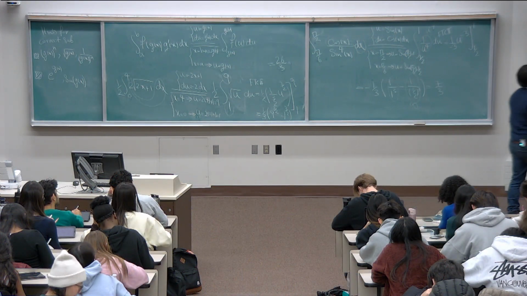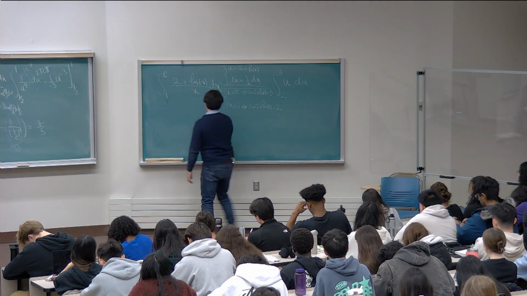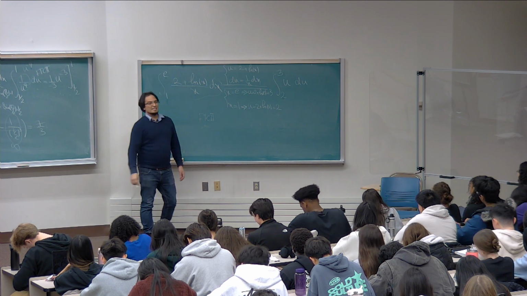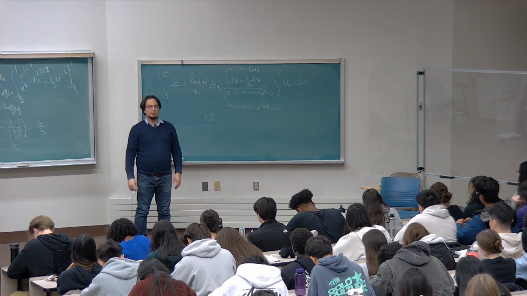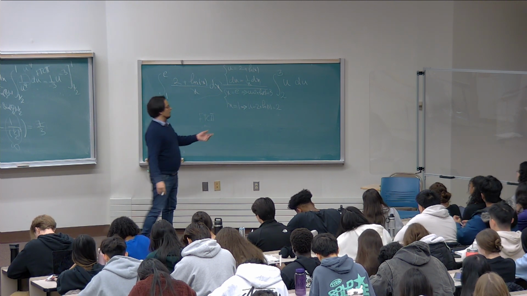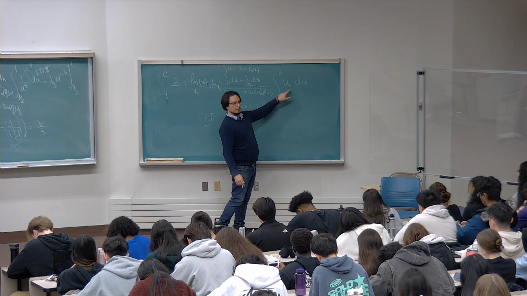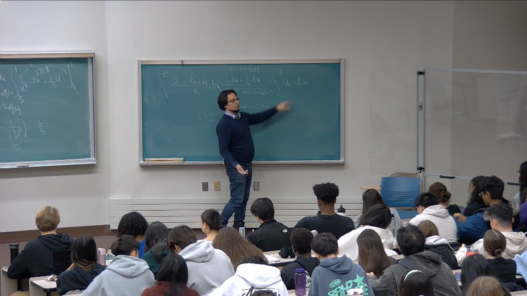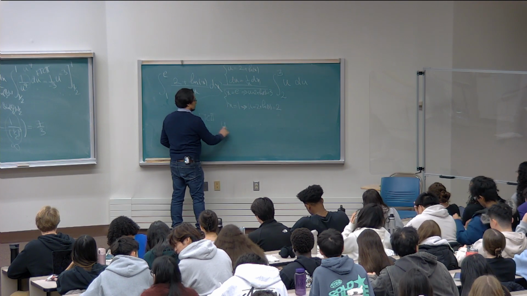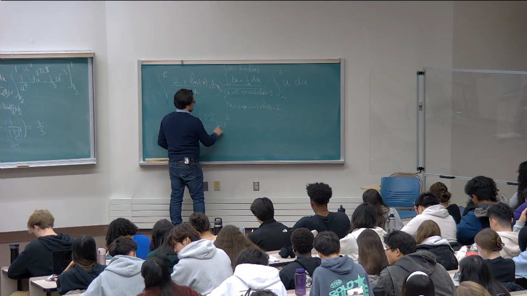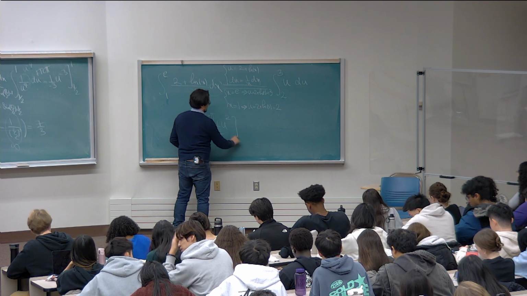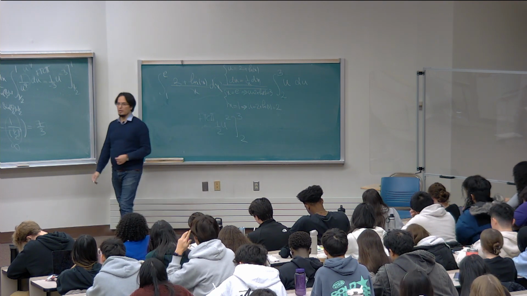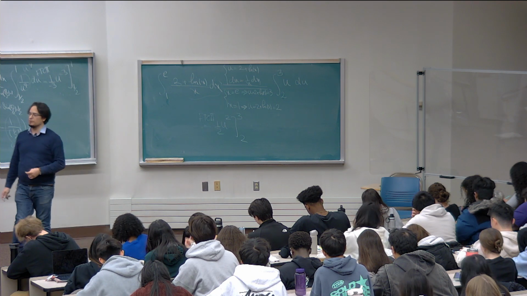Because FTC now says, if you know what is an antiderivative for u with respect to u, then you're done. And we just need to use the power rule for integration or antiderivatives. u to the power 1 plus 1 over 1 plus 1, and we go from 2 to 3.